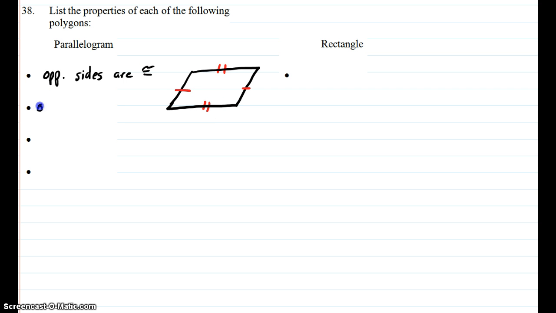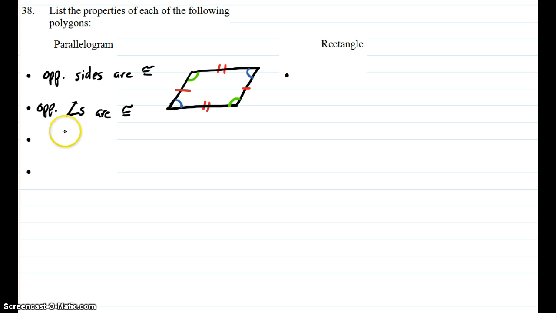Another property is the opposite angles are congruent. So that means that this acute angle is going to be congruent to this acute angle, and this obtuse angle is going to be congruent to this obtuse angle.